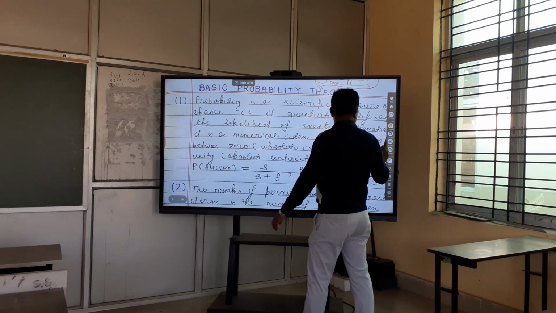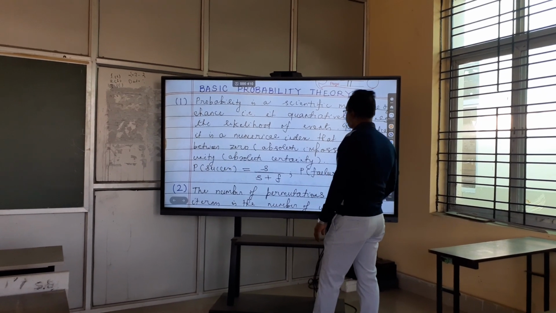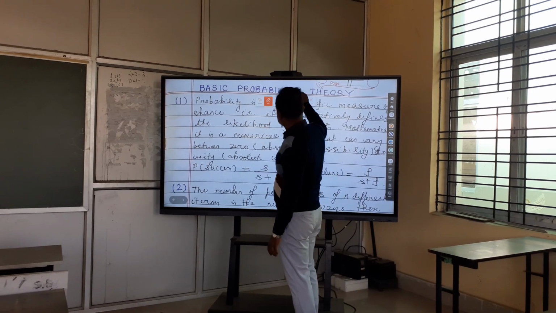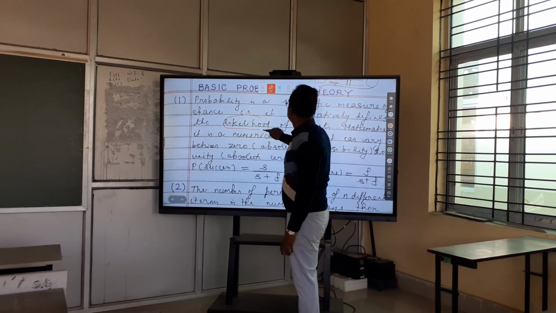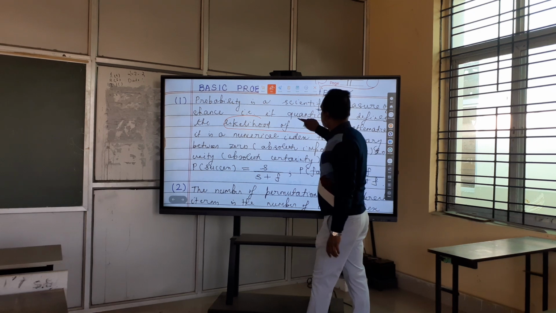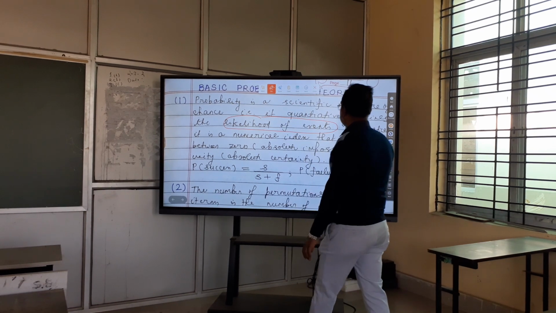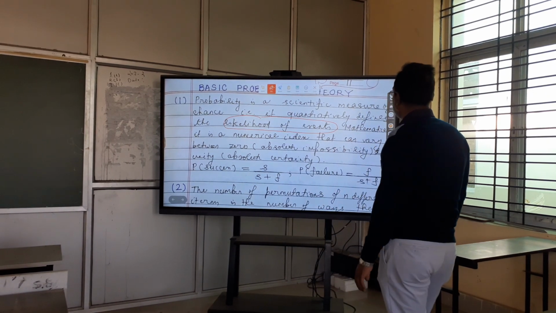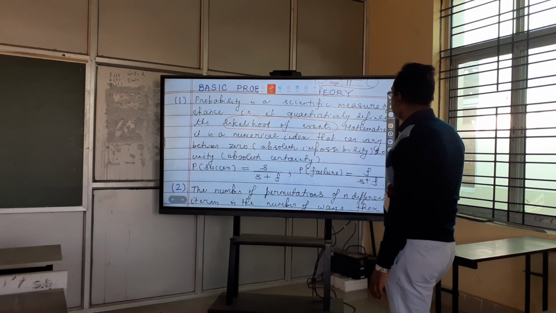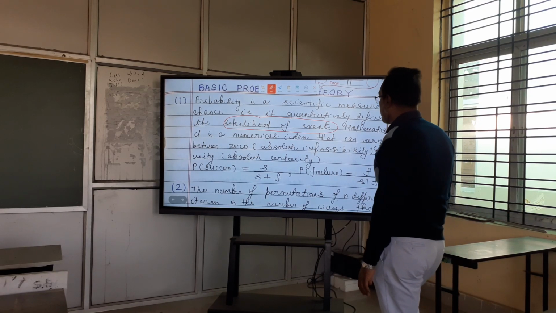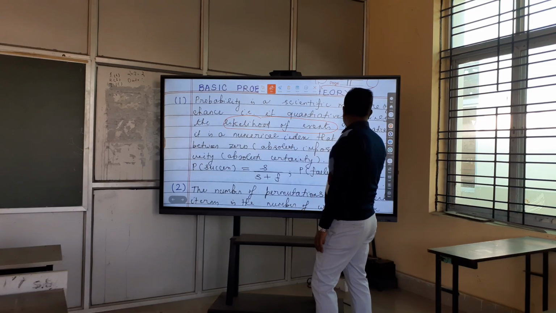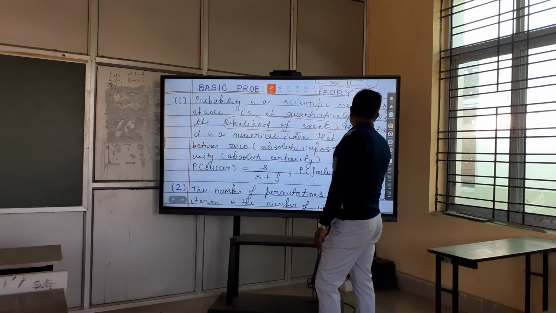Just write down this, likelihood of events. Probability means likelihood of events. Mathematically, it is a numerical index that can vary between 0 and 1. So a probability value varies between 0 and 1, both inclusive.